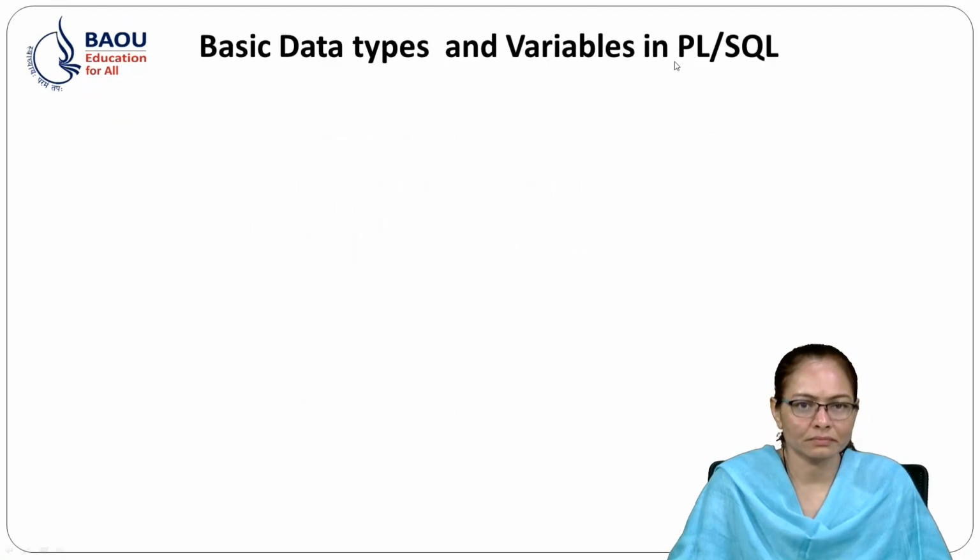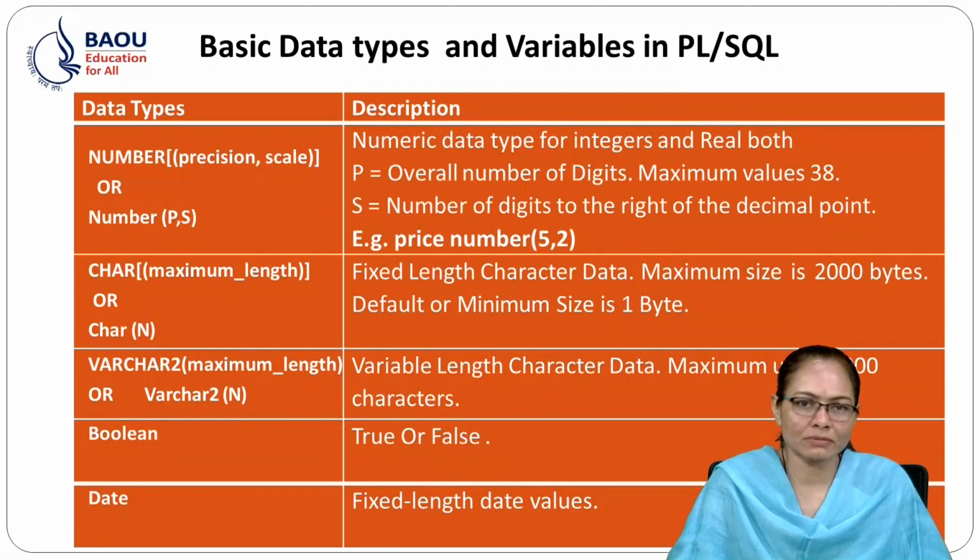Now the basic data types of PL/SQL. Every constant and variable has a data type, which specifies the storage format, constraints and valid range of values. PL/SQL provides a variety of predefined scalar and composite data types.